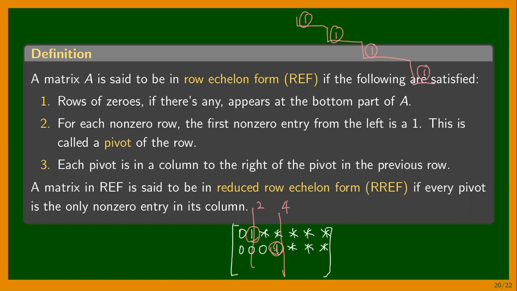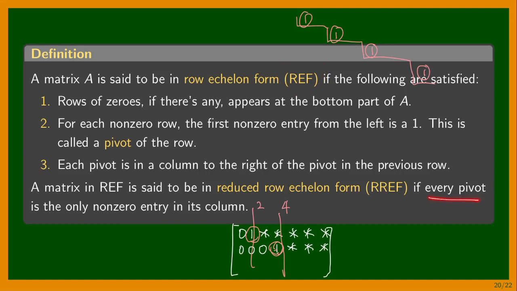Do you understand? Meron tayong additional condition. A matrix is said to be in RREF. By the way, for a matrix to be in RREF, it must be first in REF. Kailangan satisfied muna itong 3 conditions. Para maging RREF ka, dapat REF ka muna. Tapos may additional condition.